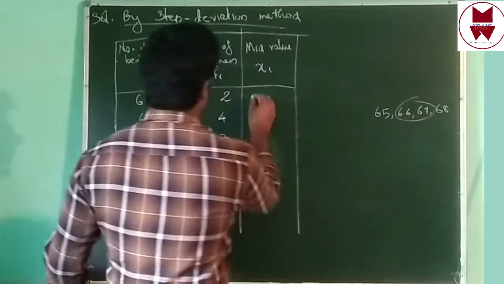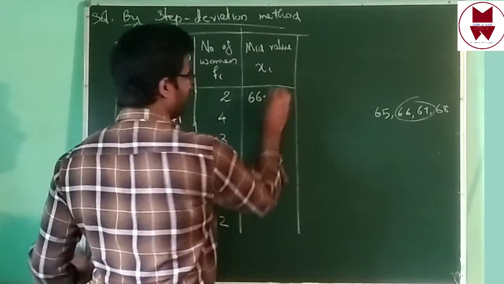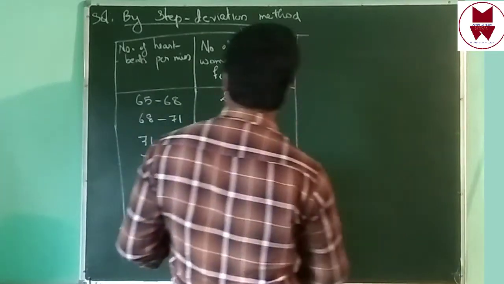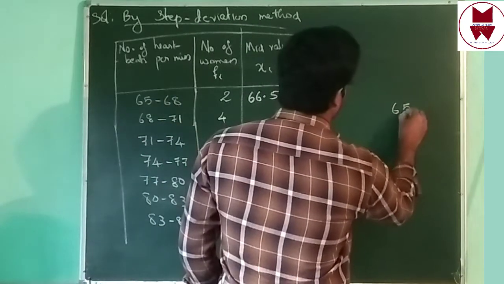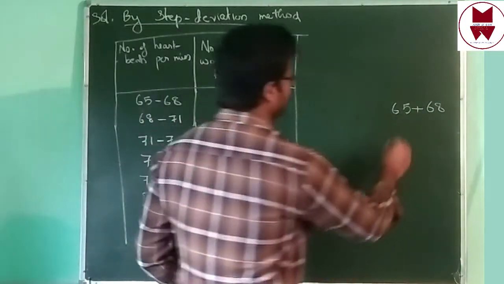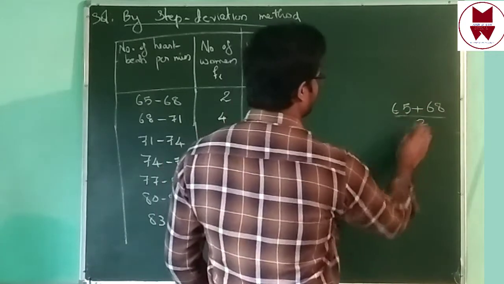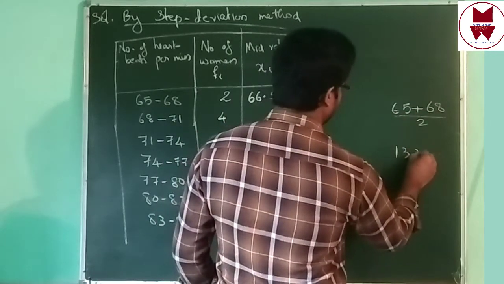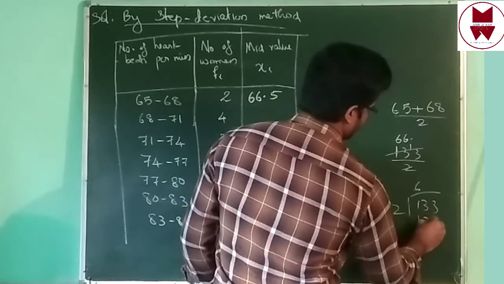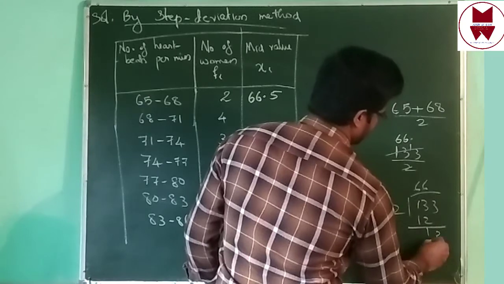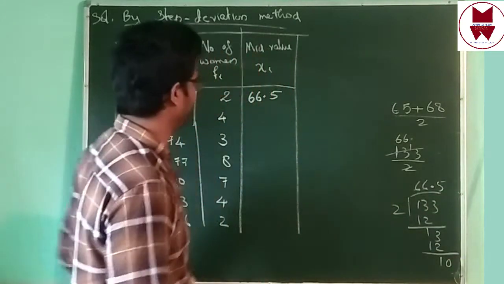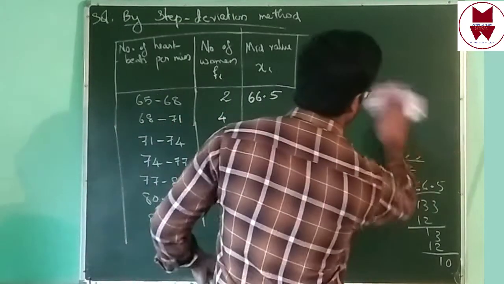We can write 66.5, correct, the middle. Otherwise, just add the lower limit and upper limit. 65 plus 68, then divide by 2. 65 plus 68, you will get 133. Divide by 2, 133 divided by 2, you get 66.5. Like that also you can find out 66.5.